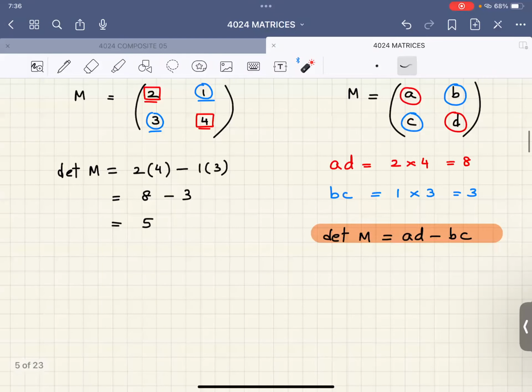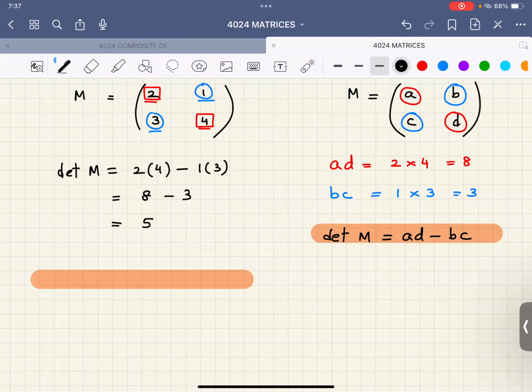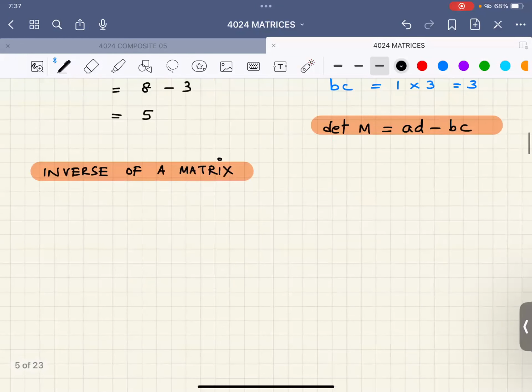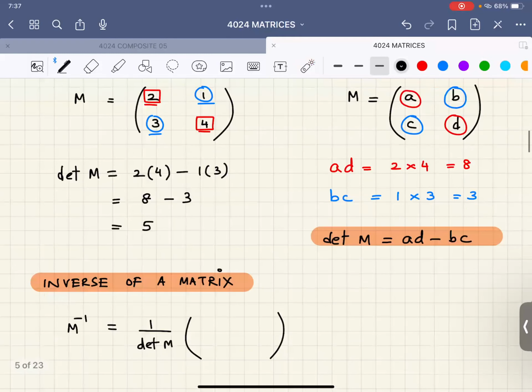Now, let me get started with the concept of inverse of a matrix. Inverse of a matrix, and then we will talk about its properties. Now, the inverse of a matrix, M inverse, is 1 over determinant of M, and then these change places.